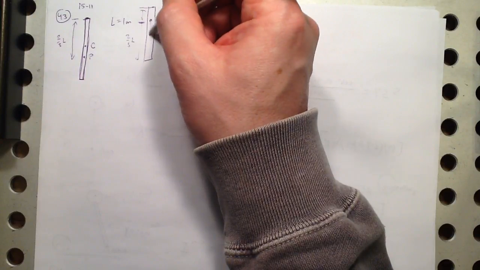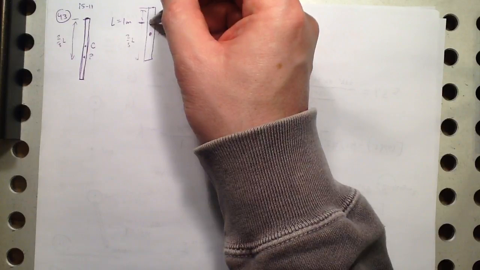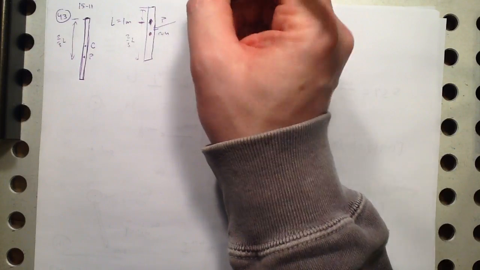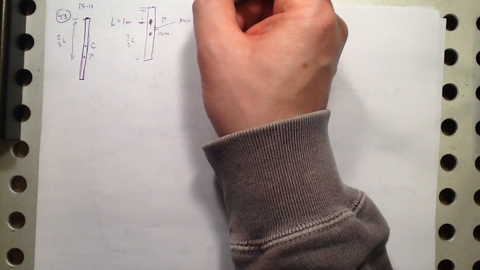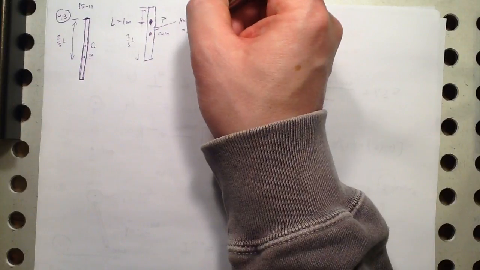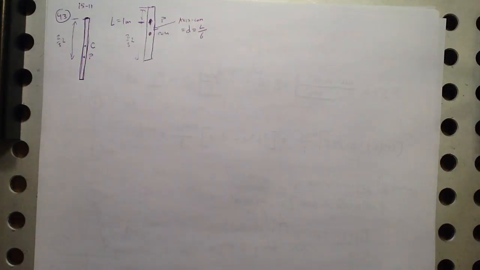You need to figure out what fraction of the meter stick is this. It looks like it's a quarter the way I drew it, but it's not. And the distance from the axis to the center of mass, that's what we call d. That would be L over 6. That's 1/6 of the distance. So it's just a little fraction math there to get that.